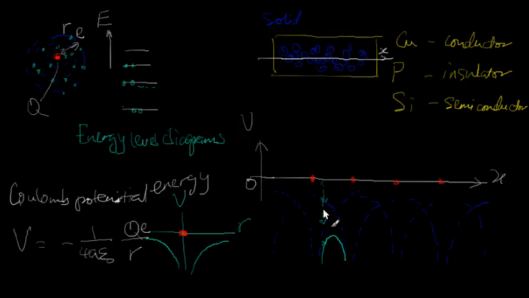So when we add these two graphs, we would probably get something that looks like this. Okay, and you can do it for all the space in between neighboring atoms, and we would get a similar pattern that repeats over and over, right through the whole solid.